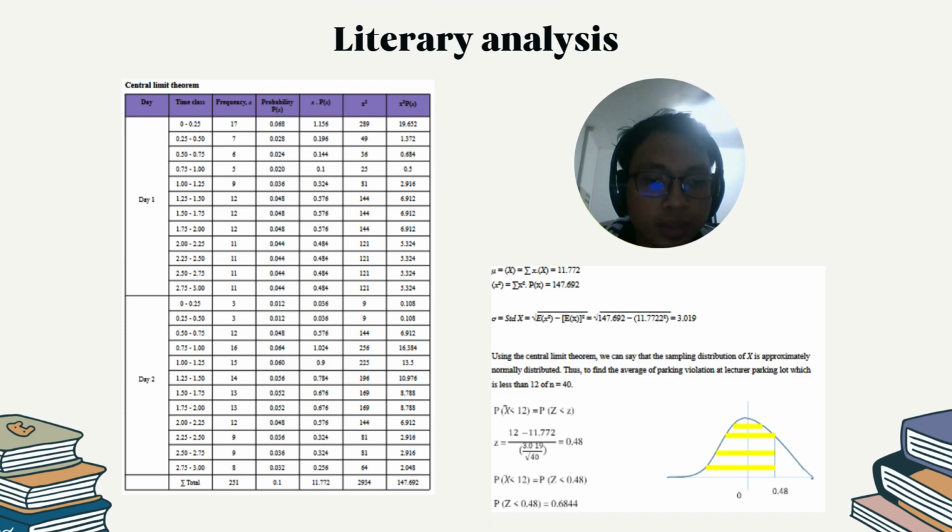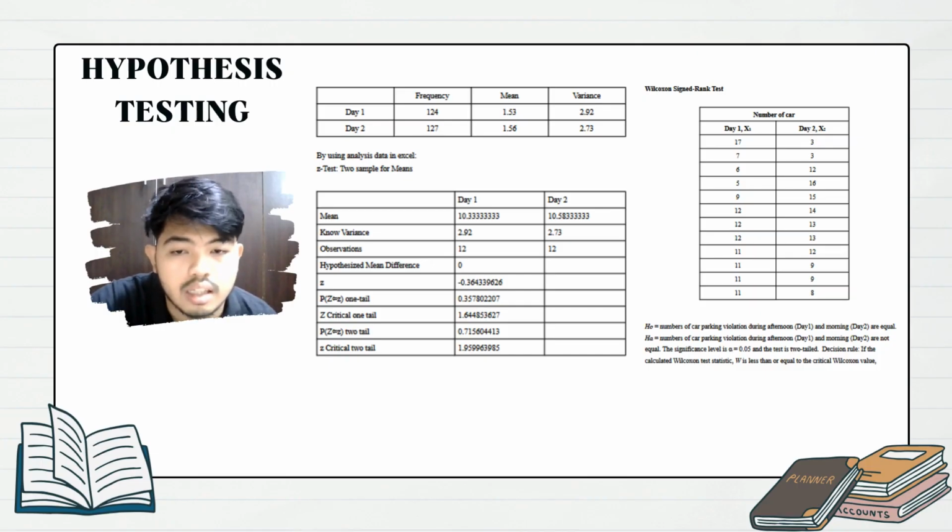Thus, the probability that the average parking violation at the actual parking lot is less than 12, with n equals 40, is 0.6844.